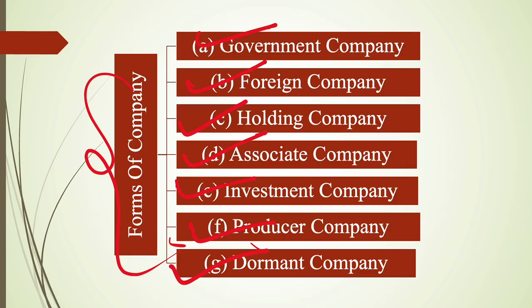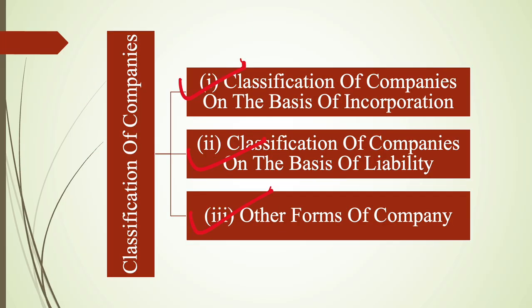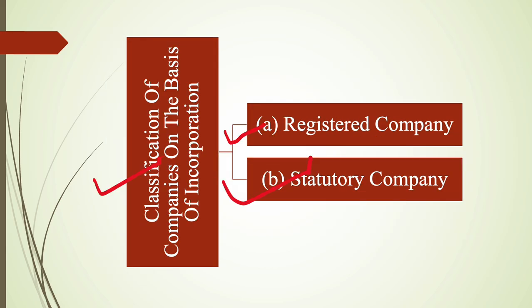I will again summarize all the points so that you can easily understand the topic. Companies are classified on the following bases. First is classification on the basis of incorporation. Second is classification on the basis of liability, and the other forms of company. On the basis of incorporation, companies are of two types: registered company and statutory company.